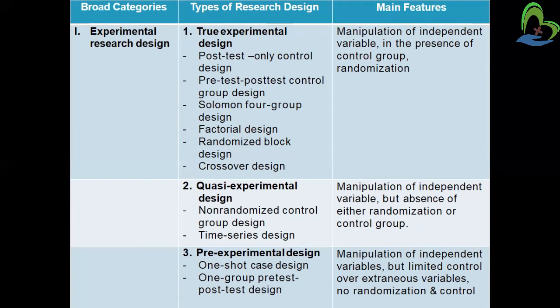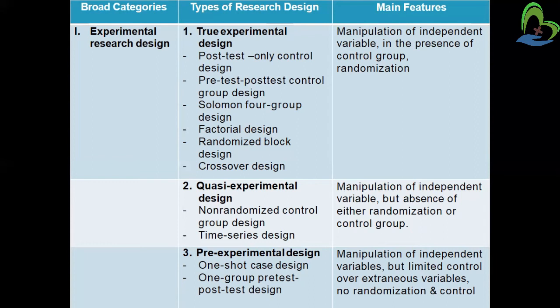The one-group pre-test, post-test design is the simplest type of pre-experimental design, where only an experimental group is selected. A pre-test observation of the dependent variable is made before implementation of the treatment.